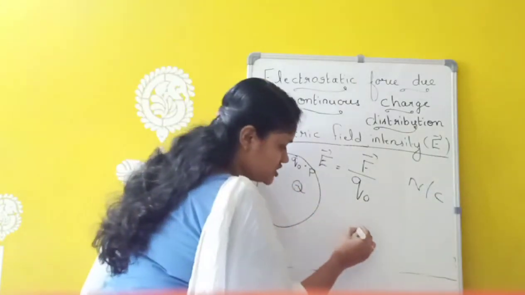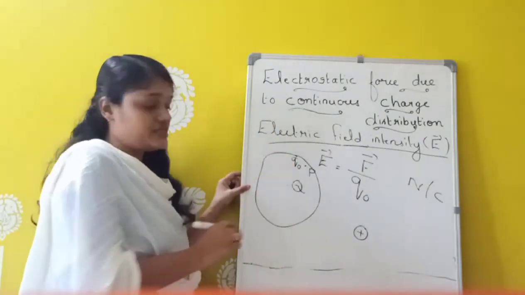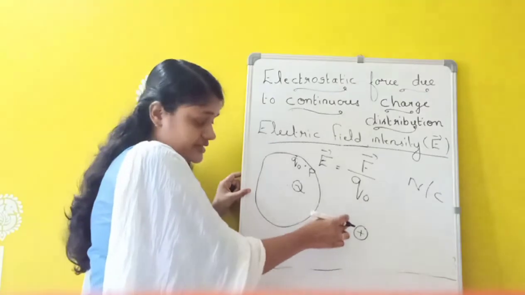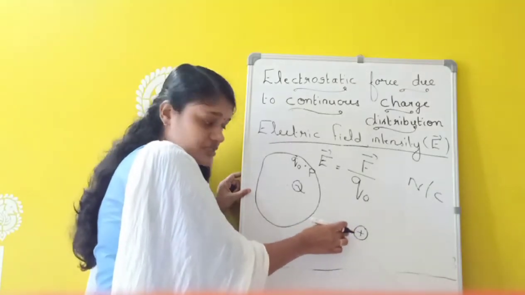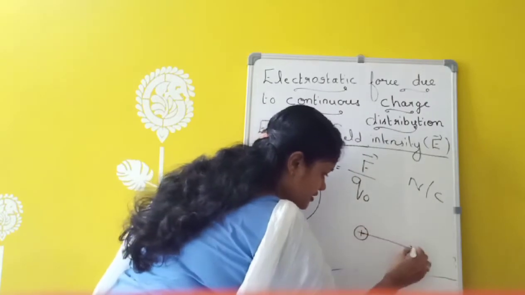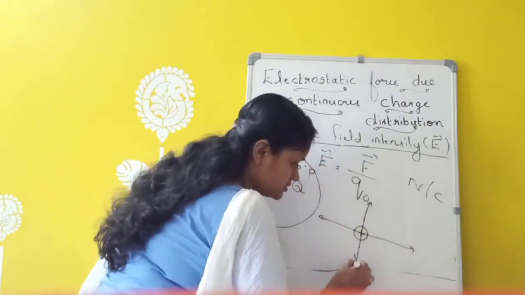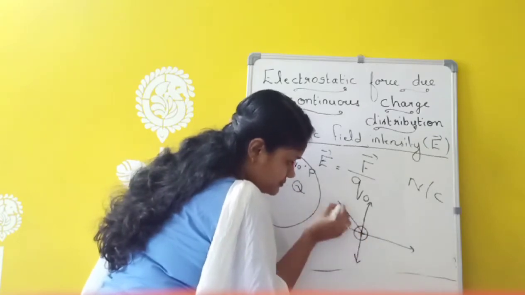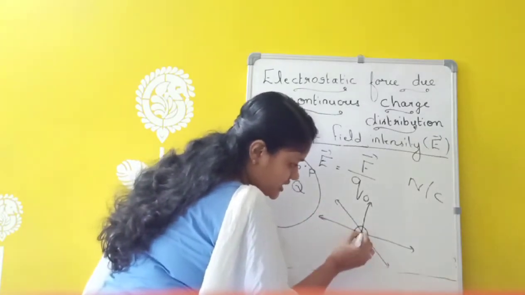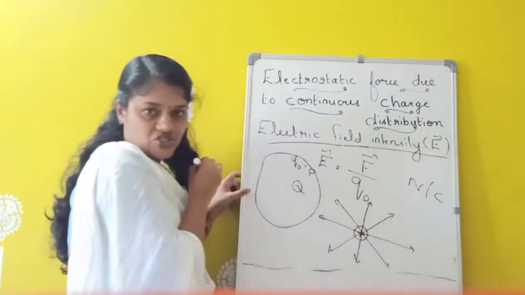Suppose we have a positive charge here. In the case of a positive charge, the field vectors are going outward. The electric field vectors will be acting in the outward direction in the case of which one? Positive charge.